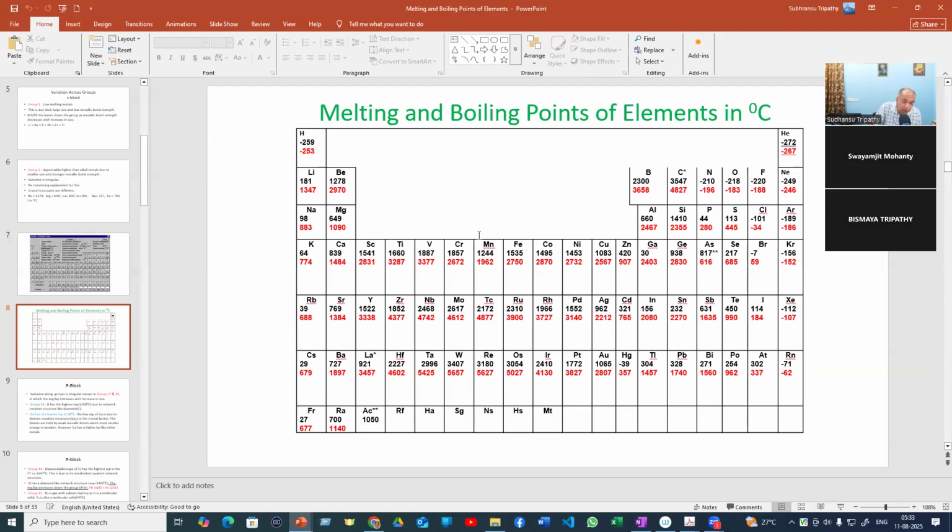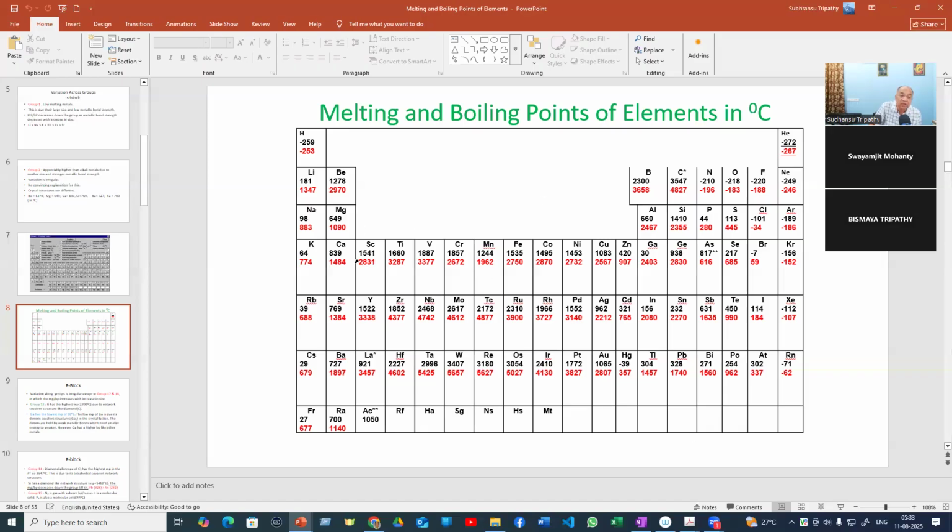In a group, you find the melting point goes on increasing. Same is the trend with boiling point, increasing. You see any group, it goes on increasing. 1541, 1500, that is the only group where it decreases, unlike other groups, because there is no such relativistic contraction effect or the lanthanide or d block contraction effect.